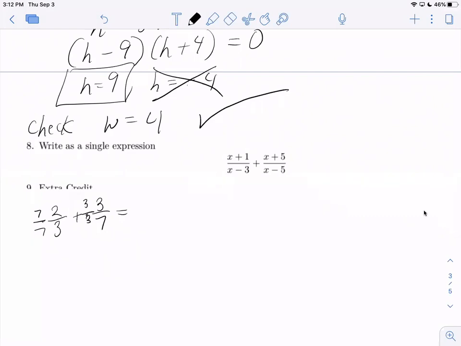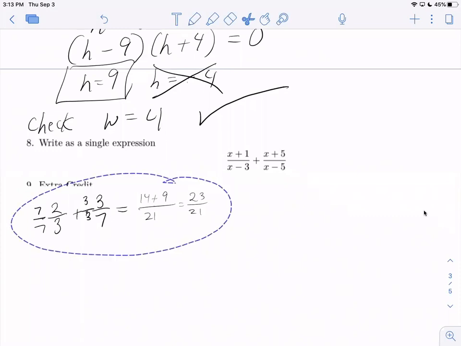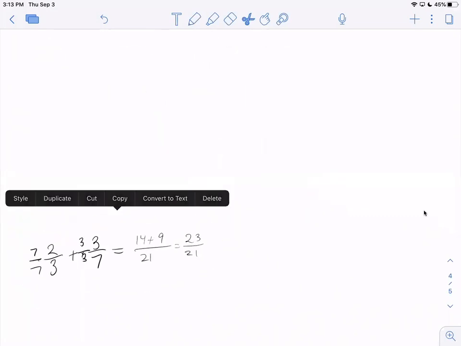And with algebra, it's pretty much the same idea. So here we wanted everything to be 21 in the denominator, and then what did you get? 14 plus 9 all over the same denominator. And the 14 plus 9 is 23 over 21. So that's its own little problem there, just kind of little motivation.